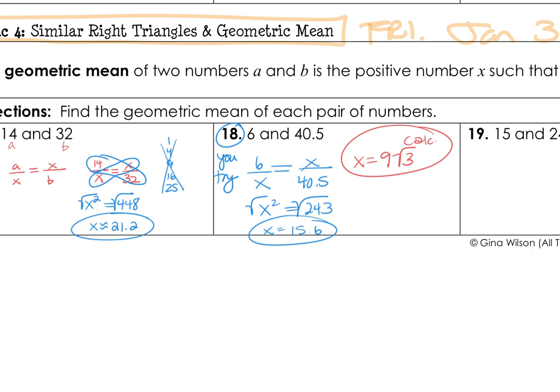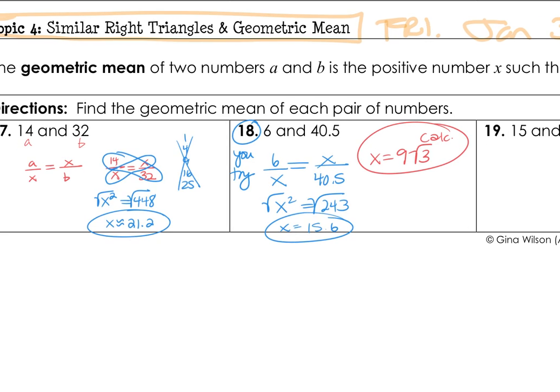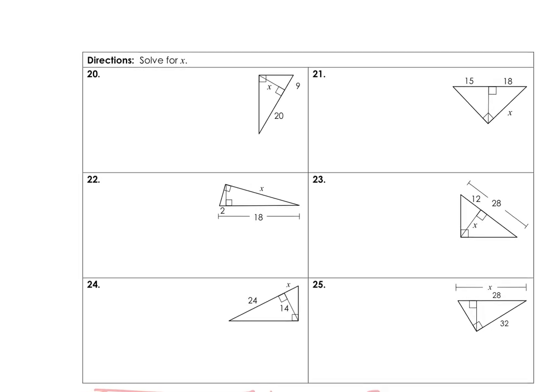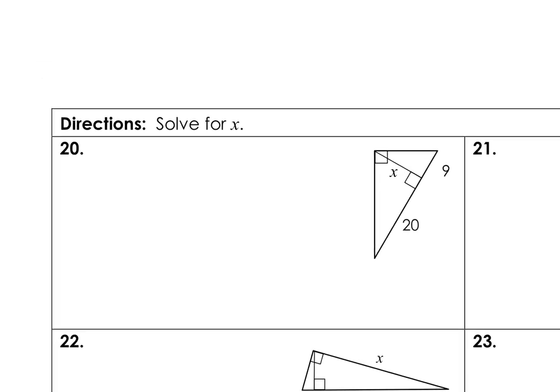Now, the other geometric mean problems are a little bit different because we have an actual figure. So let's take a look at 20 and all of these other guys here. Now, if you look behind me, we had two different types of geometric mean formulas. One would be if I have an altitude or if I need to find an altitude.